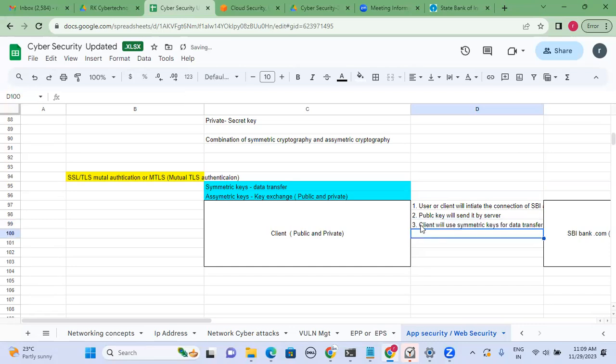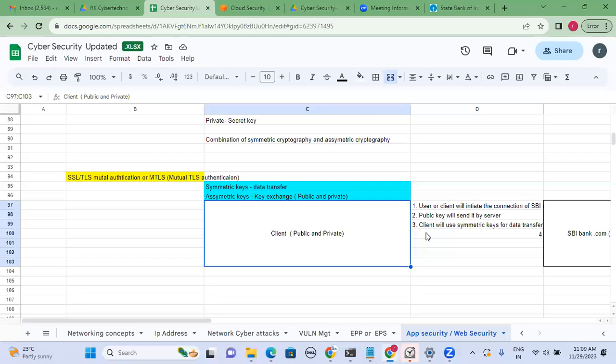Fourth step: using the public key sent in the second step, the end user will encrypt the data. What is encryption? In simple words, providing a key or password to plain text data is called encryption.